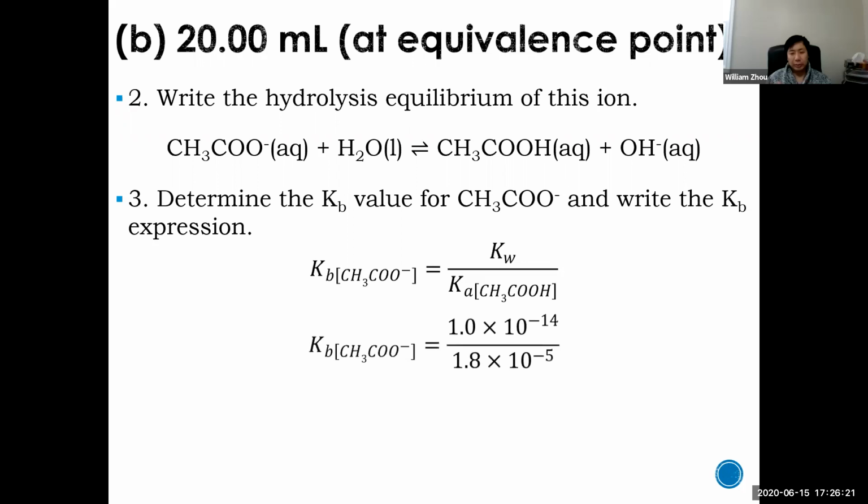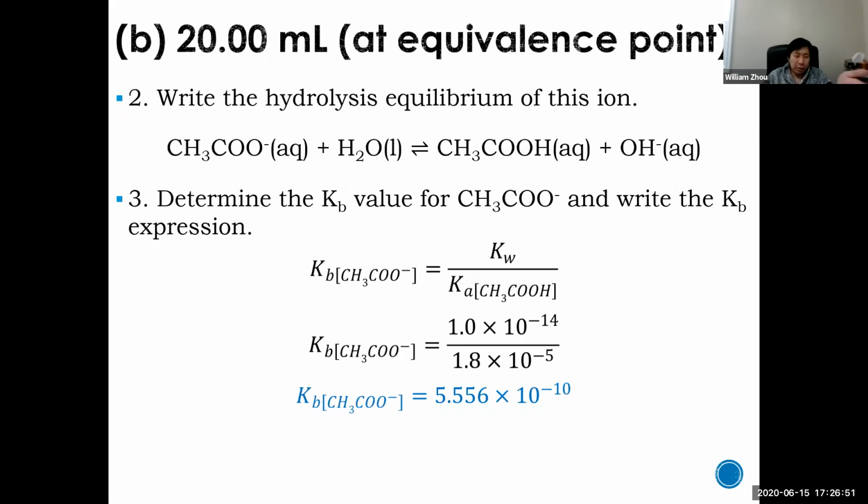You look this up: 1.0 times 10 to the negative 14, that's Kw, divided by the Ka of the conjugate acid, 1.8 times 10 to the negative 5. We've already used this number, so this is not new to us. Plug this in, and it solves. Kb of the base is 5.556 times 10 to the negative 10. That's the Kb.